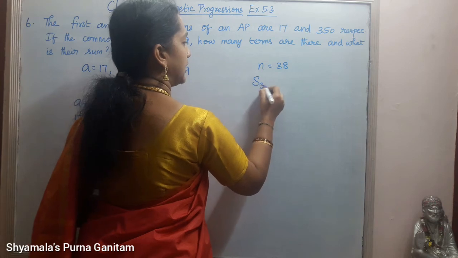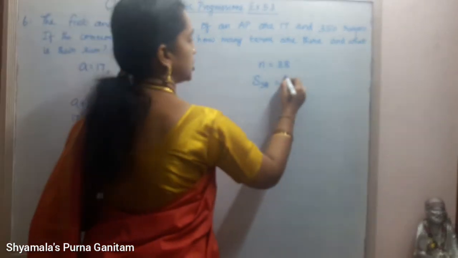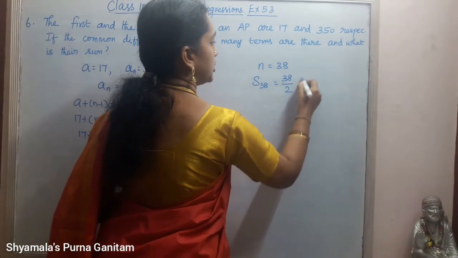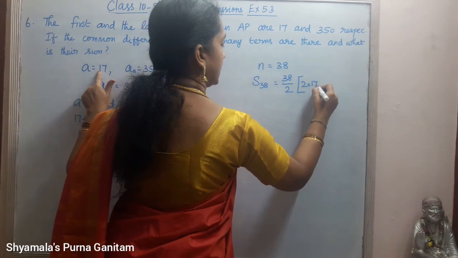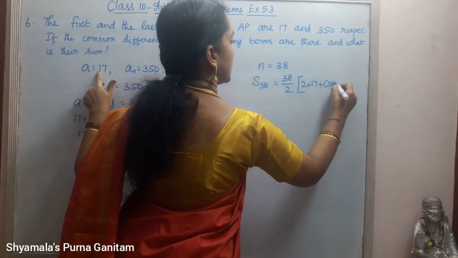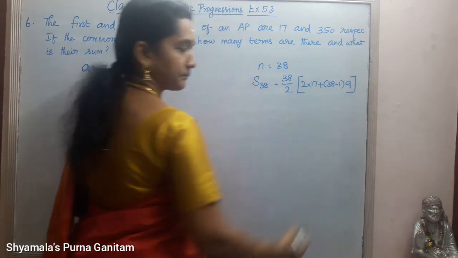So S38 is equal to, we need to find this, n by 2 into (2 into a, where a is given as 17, plus (38 minus 1), that is (n minus 1) into d, where d is given as 9).